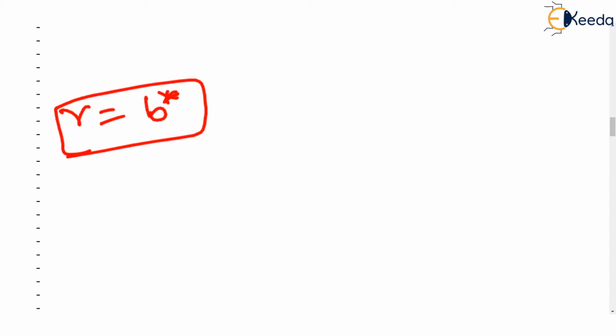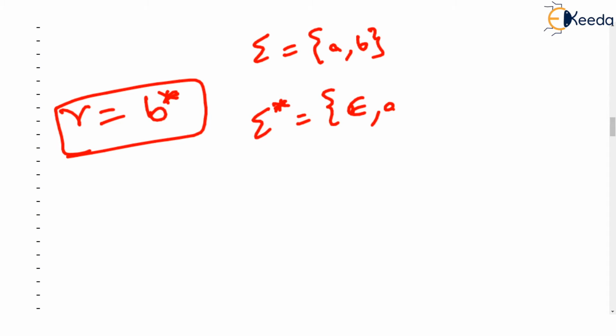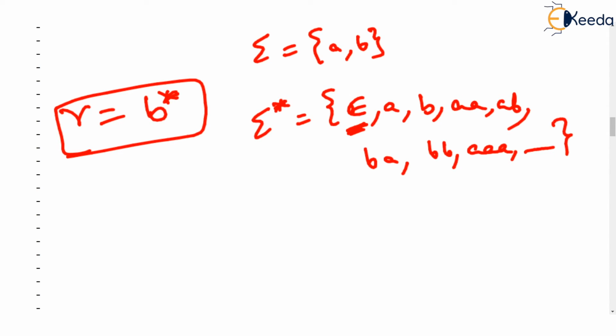what if I have a regular expression as, let's say, B star, and you know we have sigma as A comma B, and we have sigma star as all strings made up of A and B. Epsilon is also there, A, B, double A, AB, BA, BB, triple A, and many such strings are there in sigma star.